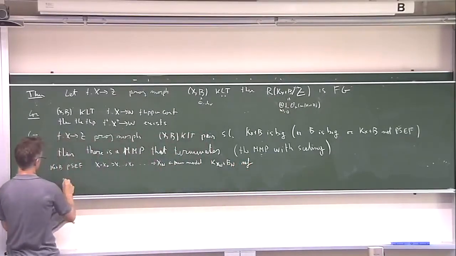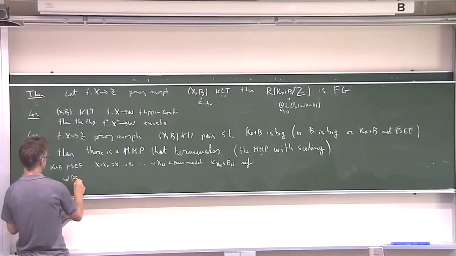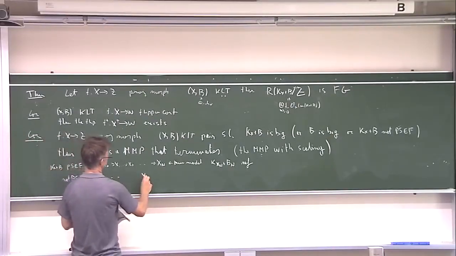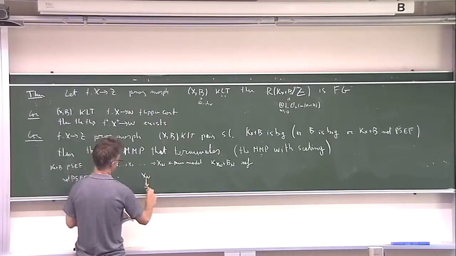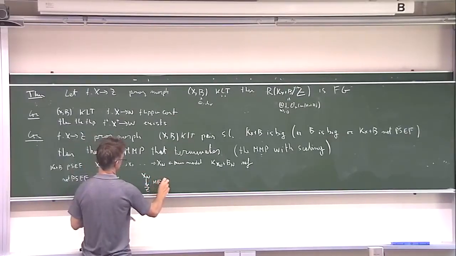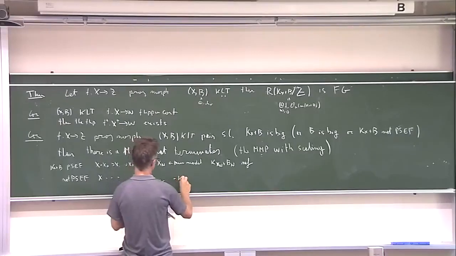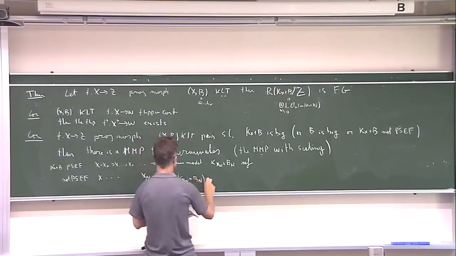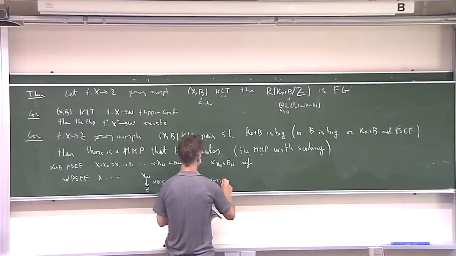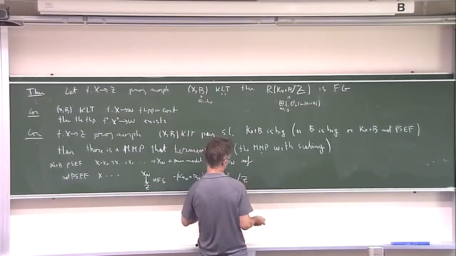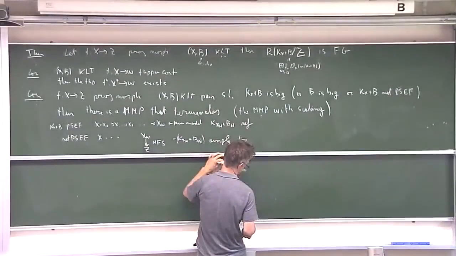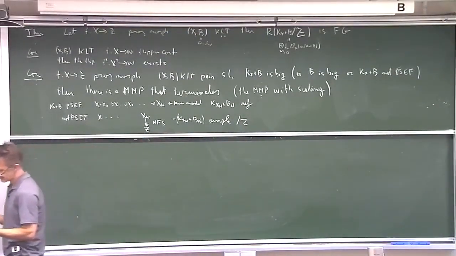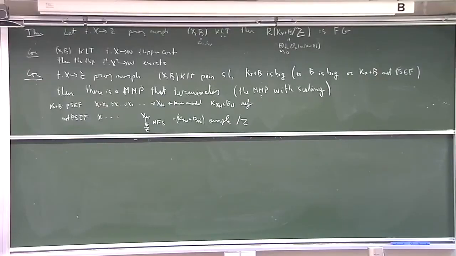And in the not pseudo-effective case, we get X all the way up to X_n, and then we get a map of modified space. So minus (K_{X_n}+B_n) is ample over Z. Okay, let me mention one more corollary, then I'll tell you about the minimal model program with scaling.